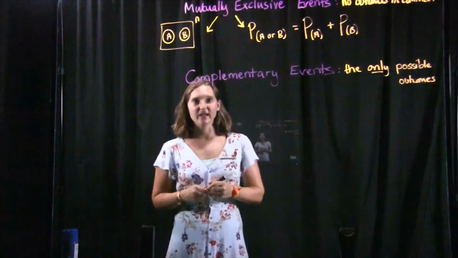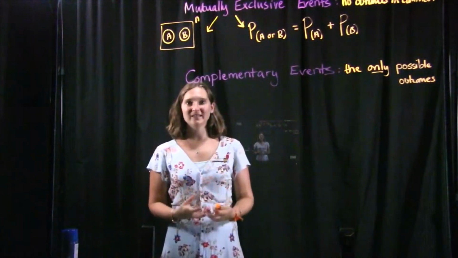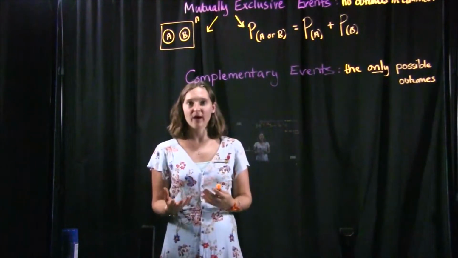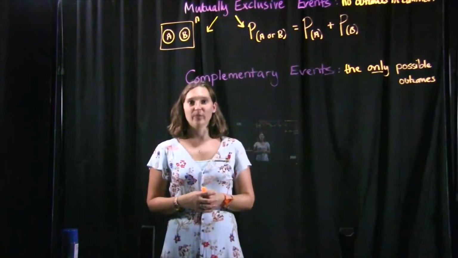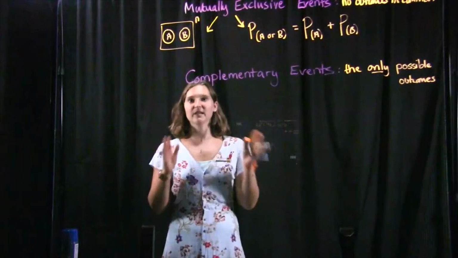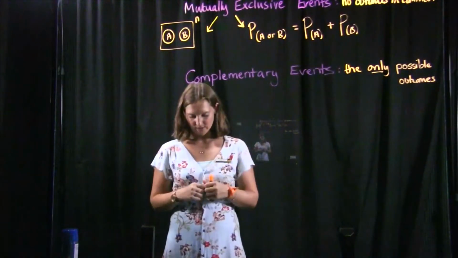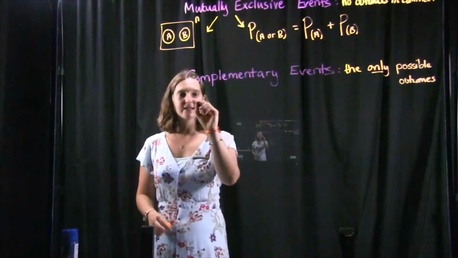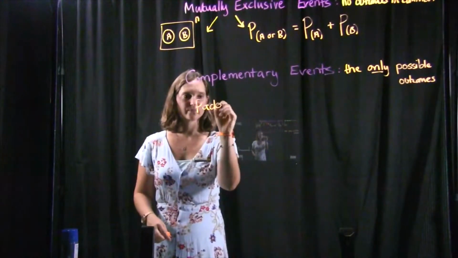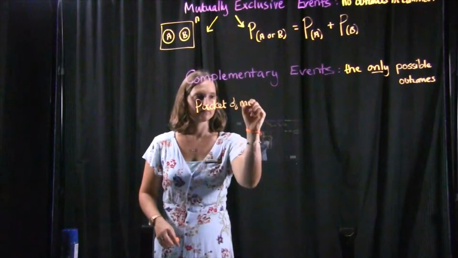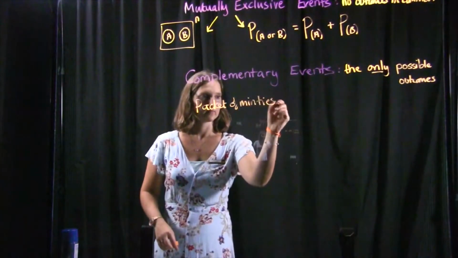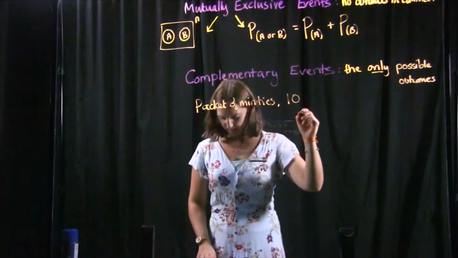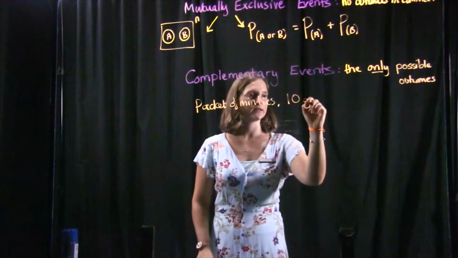And the handy bit about this is that there is a 100% or probability of 1 chance that you will pick one of these outcomes because they are the only possible outcomes. And we're going to demonstrate this with an example. So let's say you had in a packet of minties, you've got 10 green and 20 white.